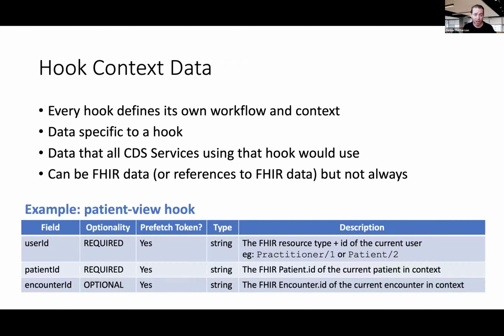In the EHR, you might have a practitioner operating in the EHR. But CDS Hooks does not exclude the possibility of having decision support in a patient portal where a patient is viewing their own data and you could provide guidance or input to them.